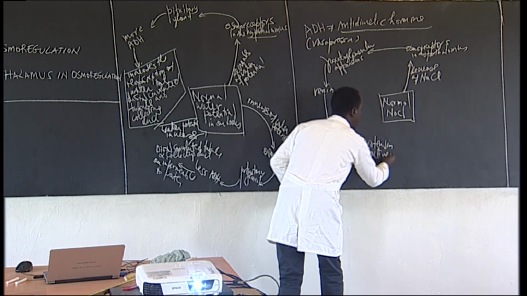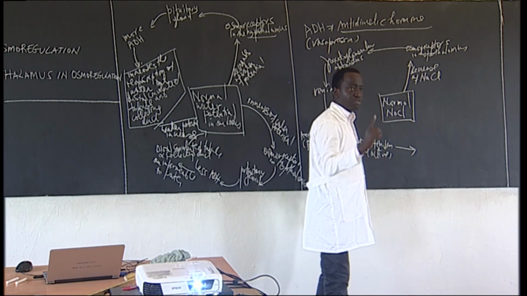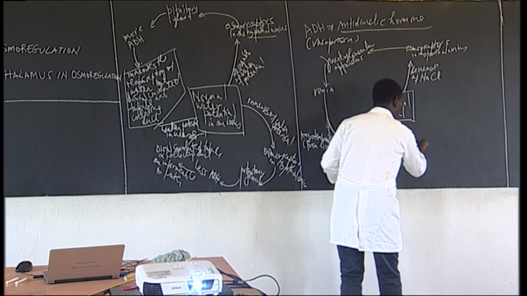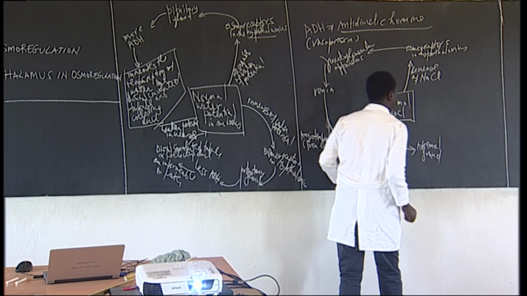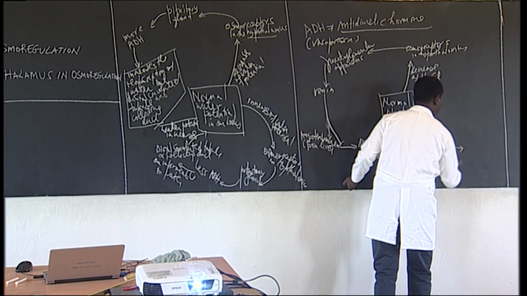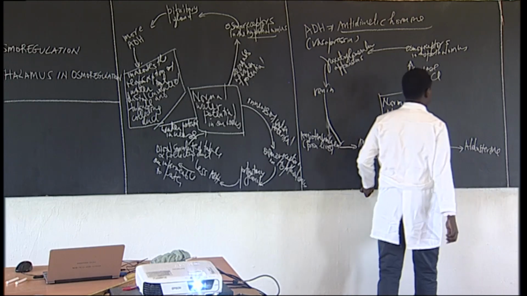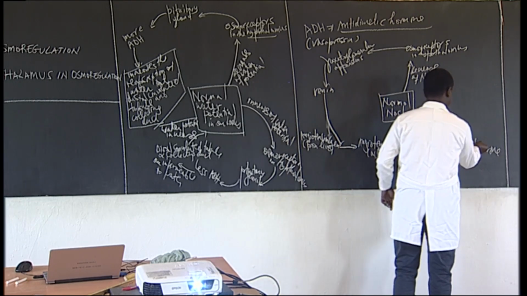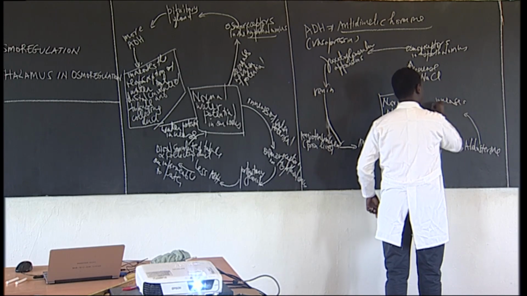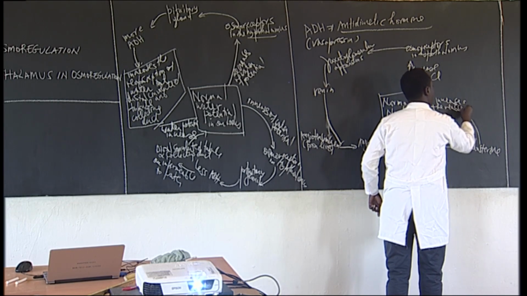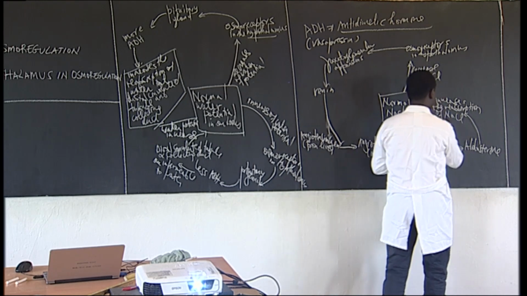This angiotensin is going now to stimulate the adrenal gland to produce a hormone called aldosterone. This aldosterone, you know what it does? It increases the reabsorption of sodium into the blood.